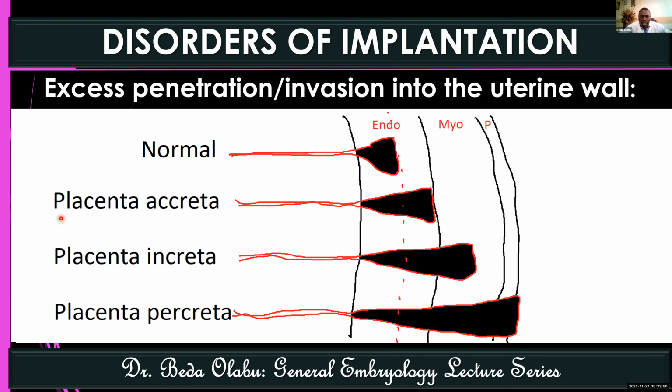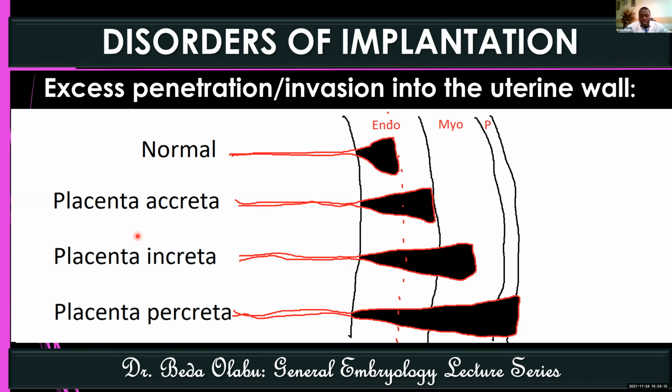What's the problem with this kind of placentation or placental attachment? Such placenta will not come out easily after the baby is born. So it will give us what we call retained placentation. When the placenta refuses to come out, yet the baby has been born, we call that retained placenta.